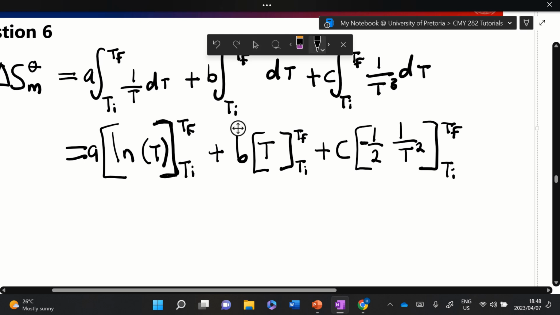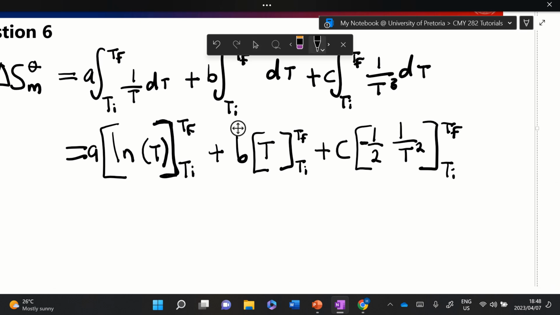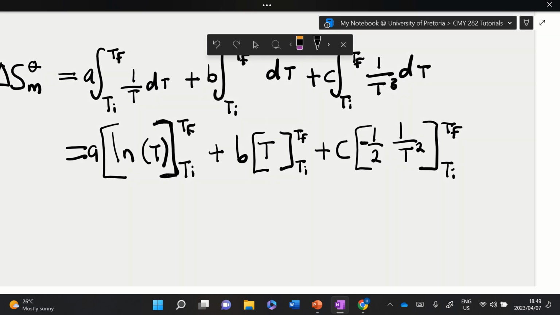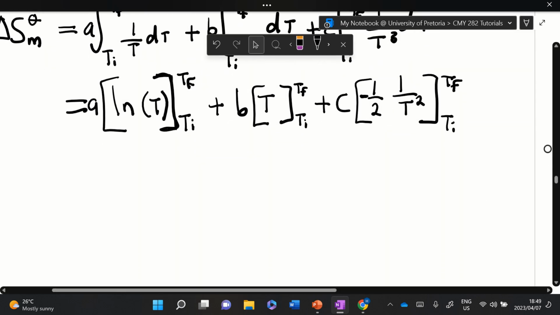So ln of t is going to give us 1 over t, that's fine. The differential of t is just 1, so that's perfectly fine. The differential of minus a half 1 over t squared is going to be minus 2 goes down, so that becomes 2, that's fine. Subtract 1 more, t cubed, that's fine. Okay, now we just have to plug in the tf's and ti's.